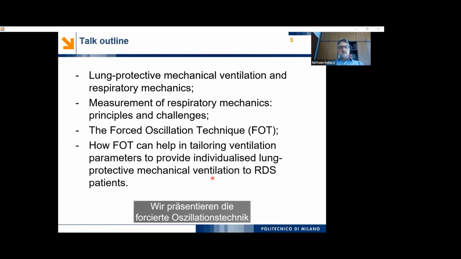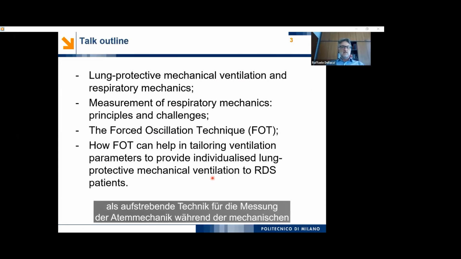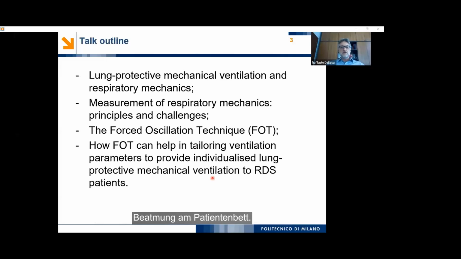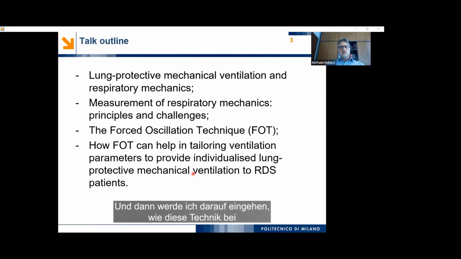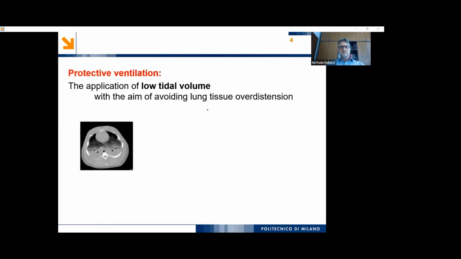We will introduce the force oscillation technique as an emergent technique for measuring respiratory mechanics during mechanical ventilation at bedside. And then we will focus on how this technique can help in tailoring ventilation parameters for providing individualized lung protective mechanical ventilation to RDS patients.